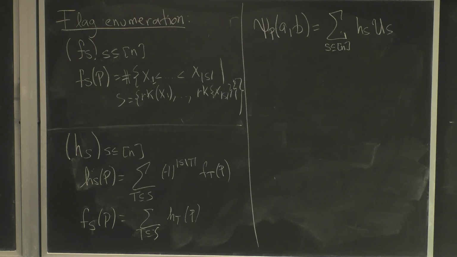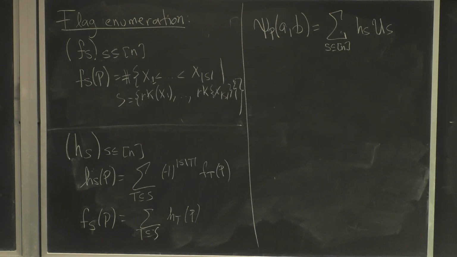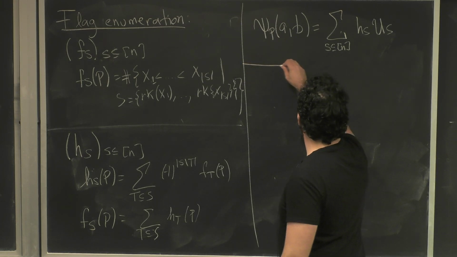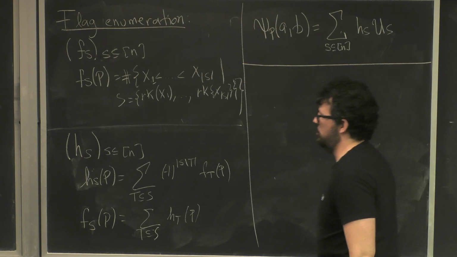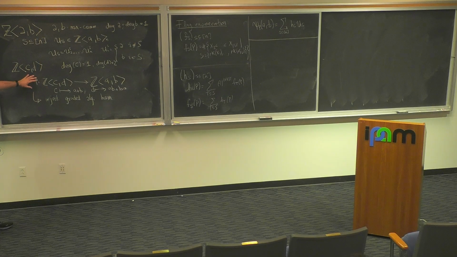And so there's a trick. It's a trick of Fine, and then Bayer and Klapper, which tells the following. For the sake of time, I'm going to do this a little bit quickly.